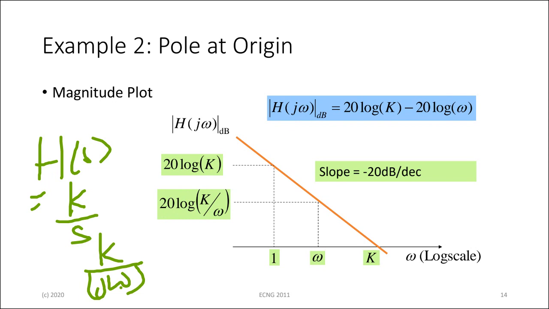But we're now seeing that for a single pole at the origin, the frequency response is linear. It starts high close to DC, and it continues decreasing all the way down as you increase the frequency.